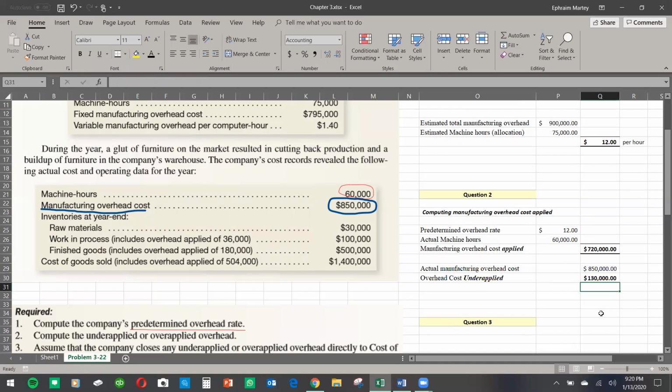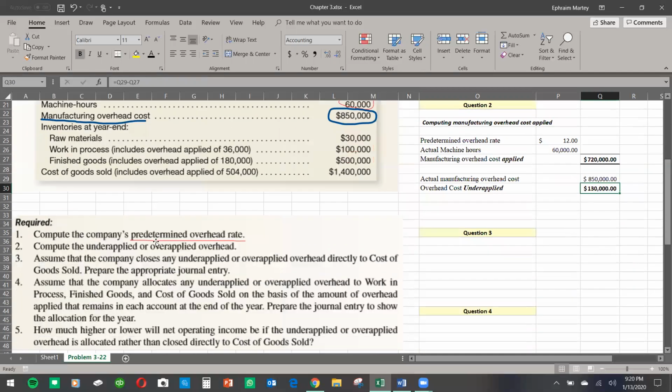So the company underestimated by 130,000. That is a lot. According to the predetermined overhead cost, the company estimated 720,000 manufacturing overhead, but the actual was 850,000. That means the company underestimated manufacturing cost by 130,000. Good.